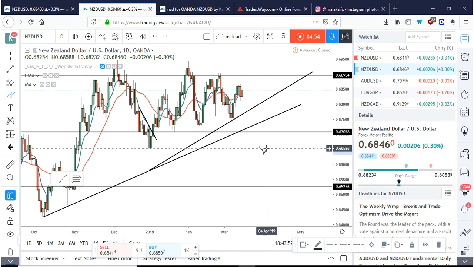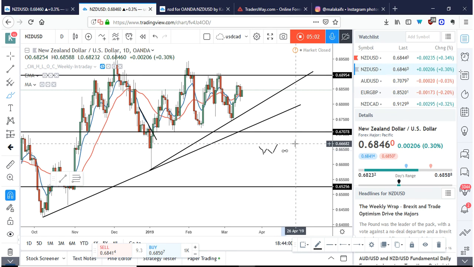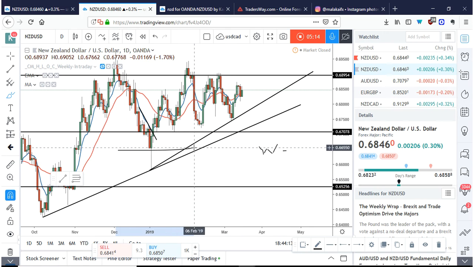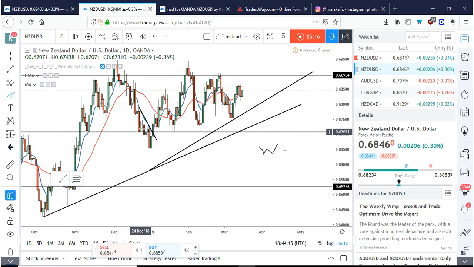For the moving averages for the bias, above the blue, you know price is ranging bullishly, and below the blue, you know price is ranging bearishly. You also need to focus on, is it moving in between the moving averages, is price consolidating.